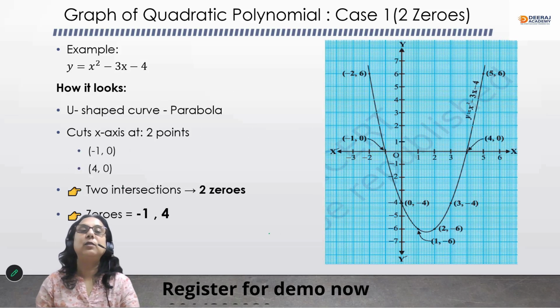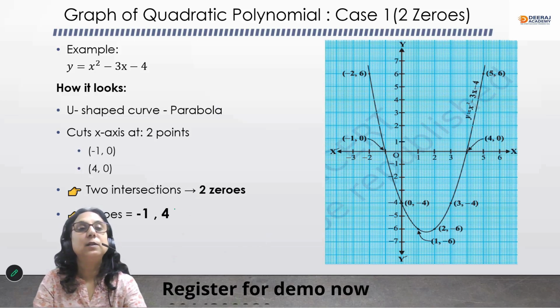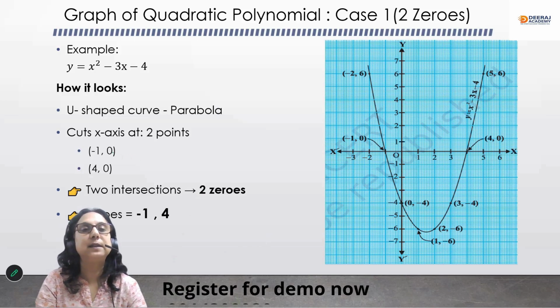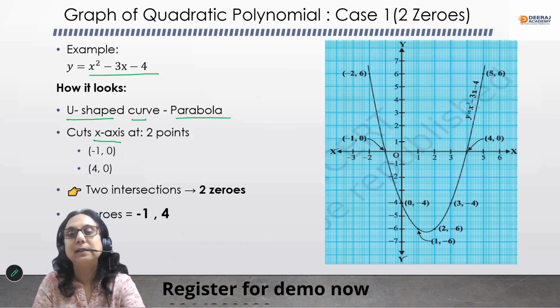Now we will see the quadratic polynomial. An example is x² - 3x - 4. So how does its graph look? It is a U-shaped curve, which is a parabola. And at how many points is it cutting the x-axis? You can see that it cuts the x-axis at 2 points.